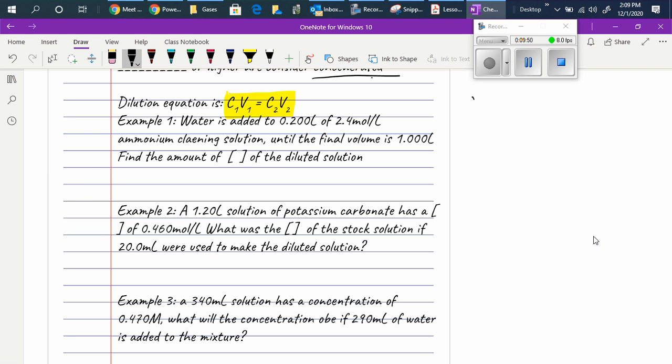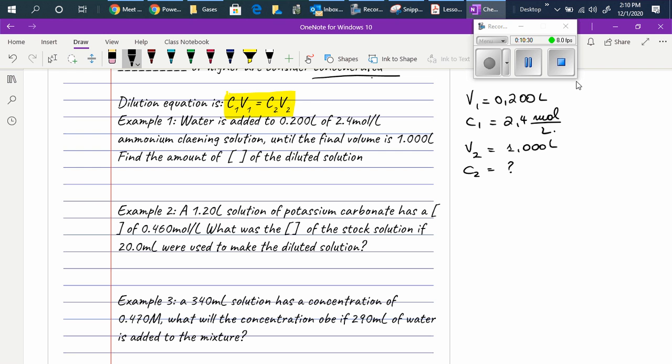So what we have here is V1, not C1. V1 is 0.200 liters, C1 is 2.4 moles per liter, and then the final volume, V2, is 1.0 liter, and we are looking for C2.